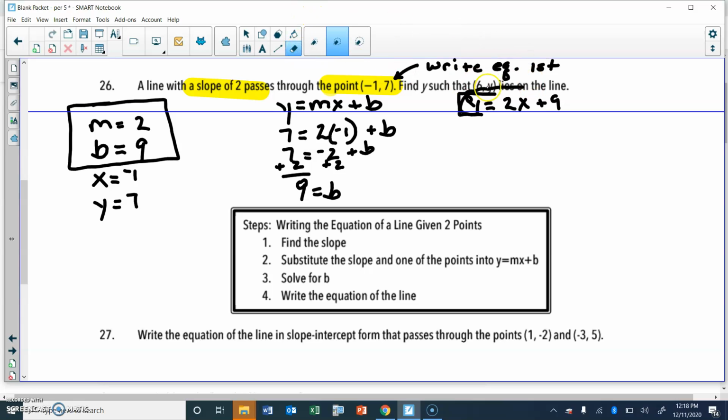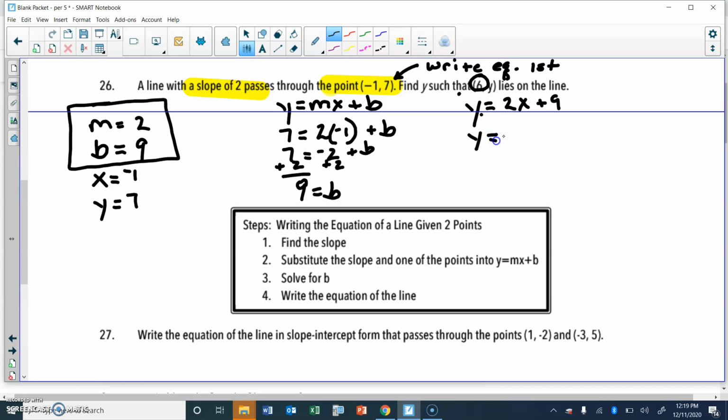Now we're going to find y when x is 6. This is just a matter of substitution.